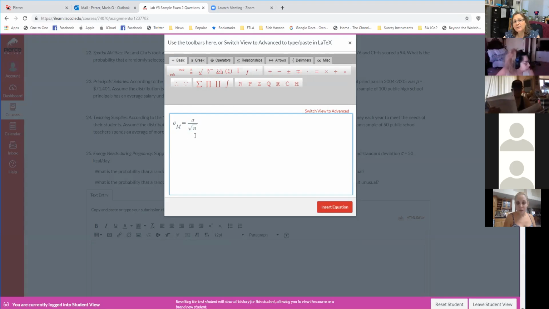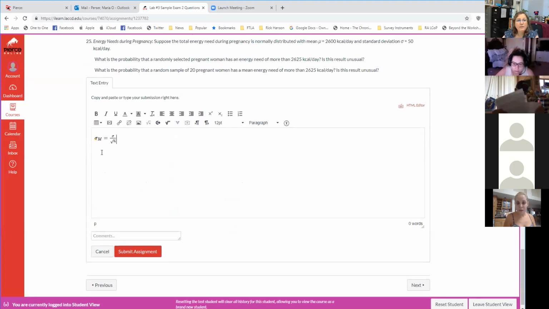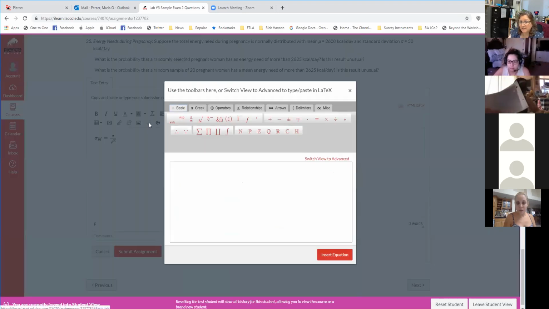So whenever the problem tells you that you're dealing with a random sample of any number, you need to use this formula, with that in the denominator. I always recommend that you figure this out first and then figure out your Z score.